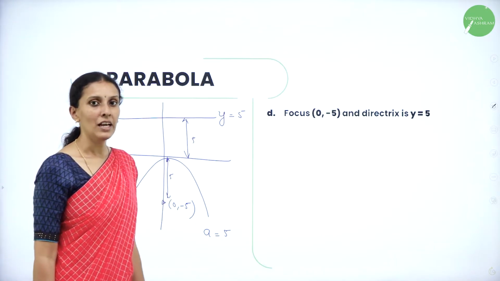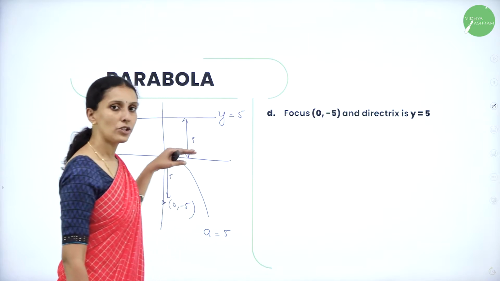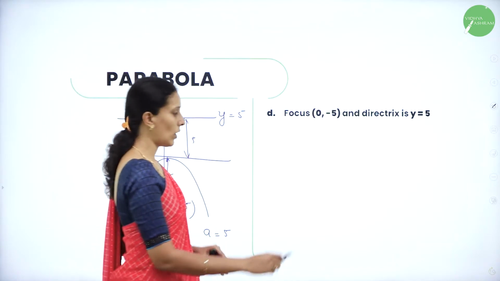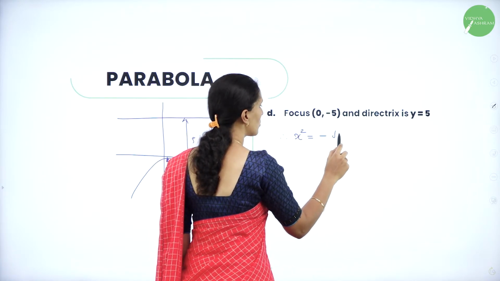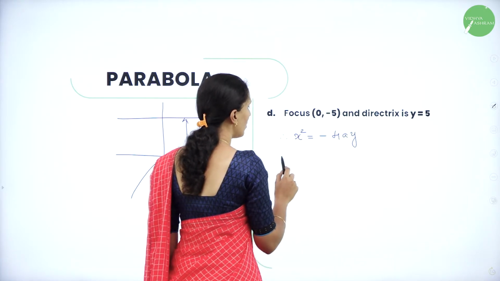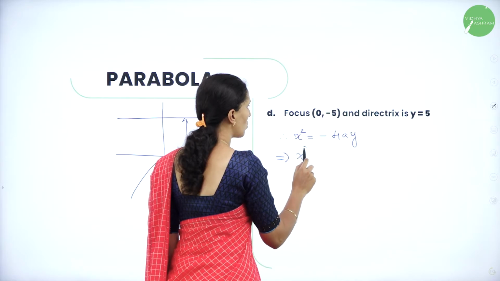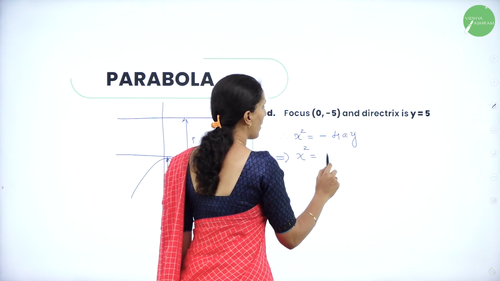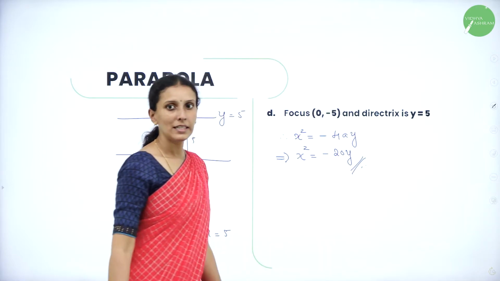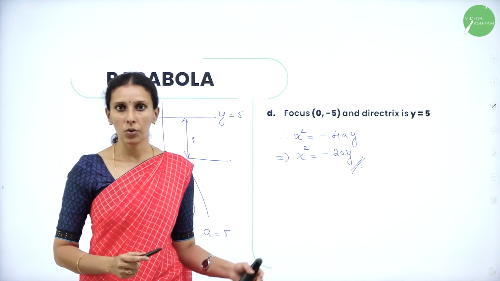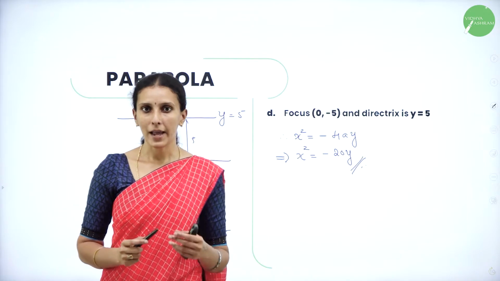So a will be 5. What is the general equation of the downward parabola? It is x square is equal to minus 4ay. So when you substitute it, it is x square is equal to minus 20y. So this is the required equation of the parabola.